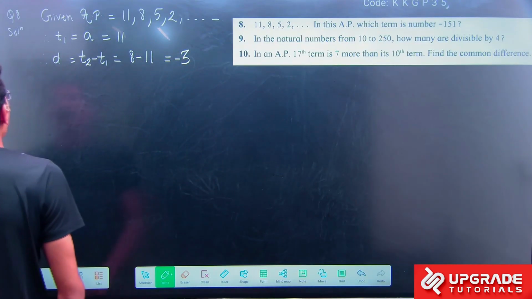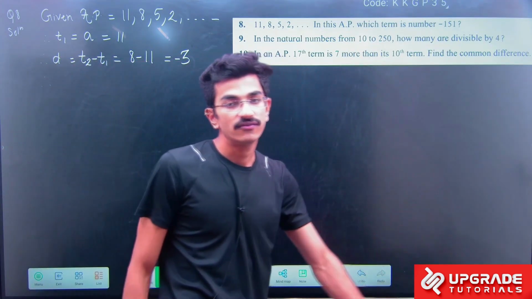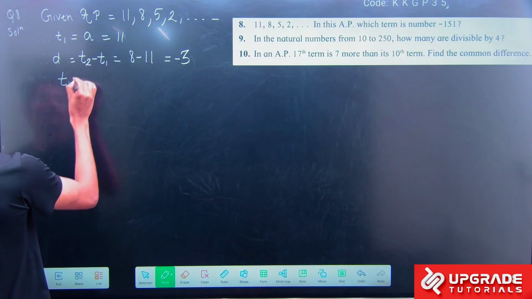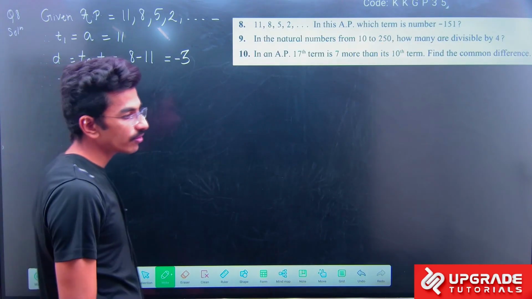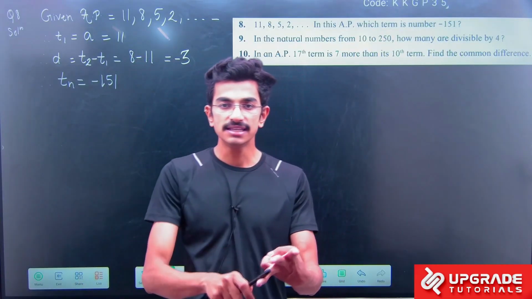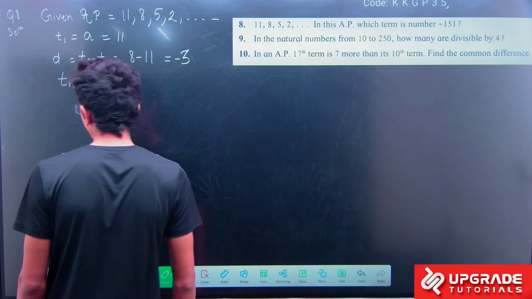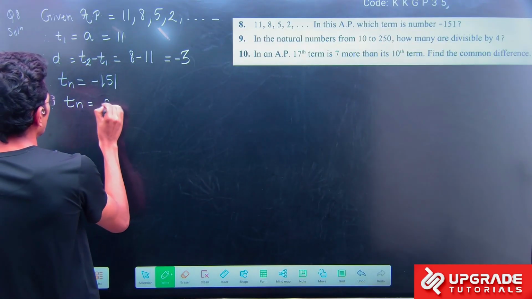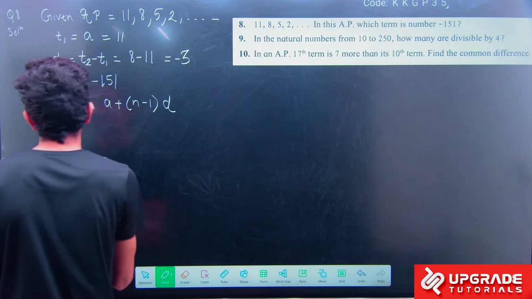And the nth term is given as minus 151. Therefore, Tn is equal to minus 151. So in that formula, Tn is given, a is given, d is given. What is remaining? n. So we'll write the formula.